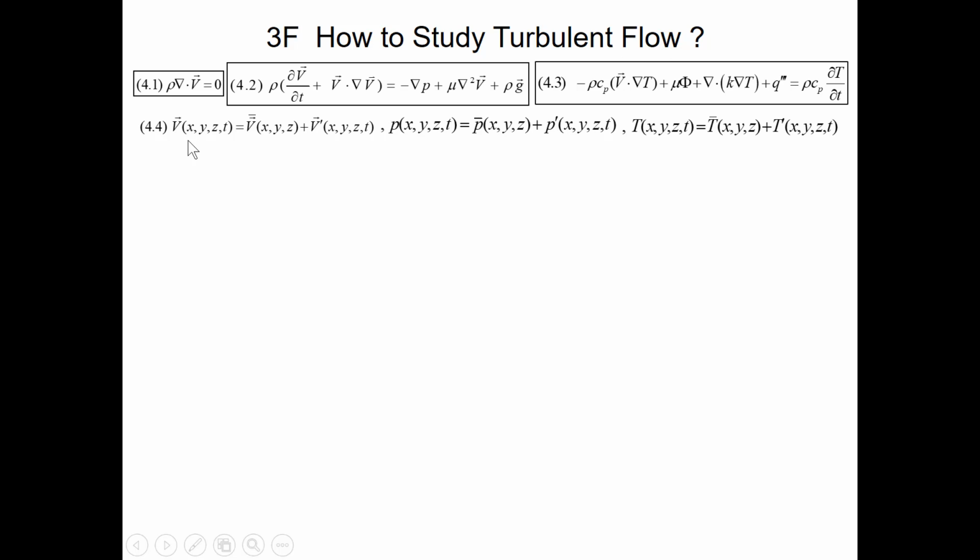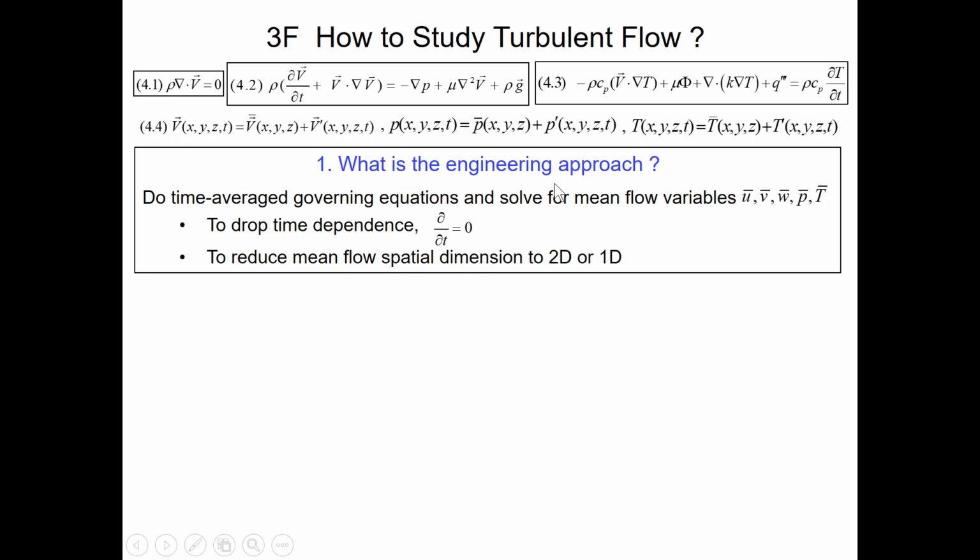For turbulent flow, we introduce the Reynolds decomposition to separate the averaged value from its fluctuation value. Third, we do time averaging on the governing equations, and then solve the time averaged governing equations to get the mean variables for the mean flow.